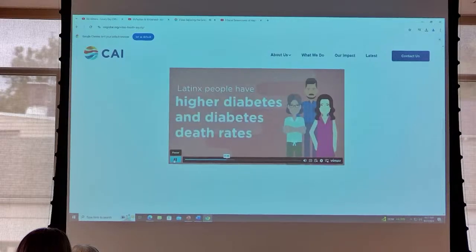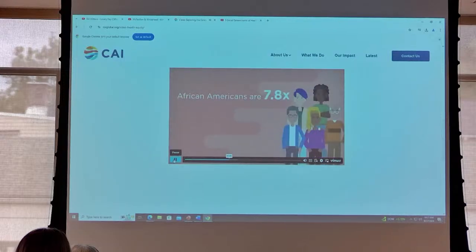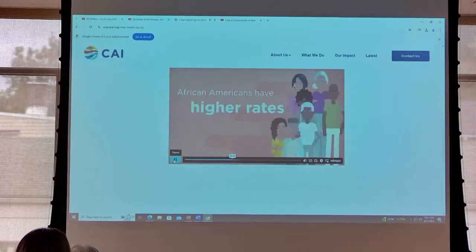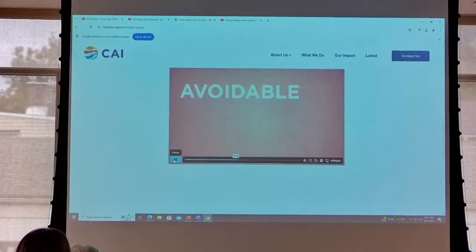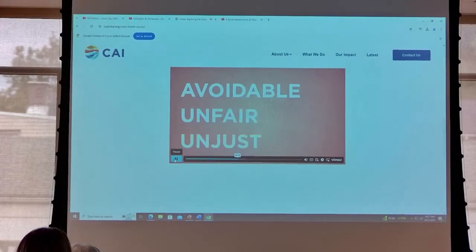Latinx people have higher diabetes and diabetes death rates compared to white people. African Americans are 7.8 times and Latinx Americans are 3.6 times higher risk to get HIV compared to white Americans. And African Americans have higher rates of heart disease, diabetes, several types of cancer, and asthma than white people. It is avoidable, unfair, and unjust.